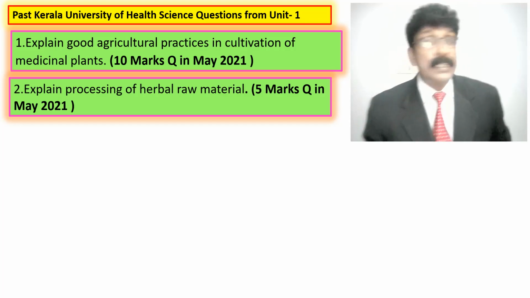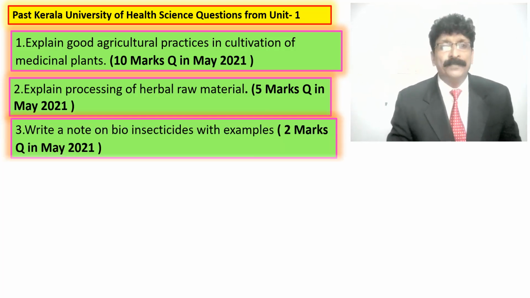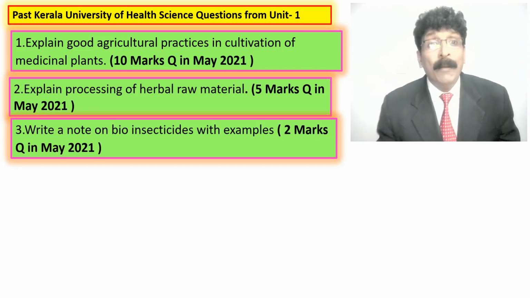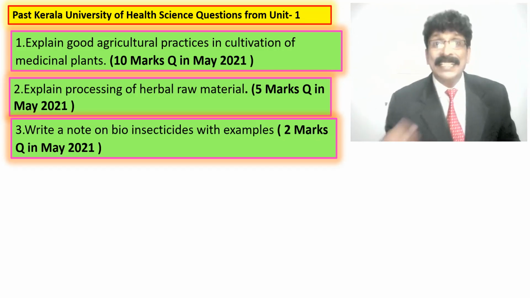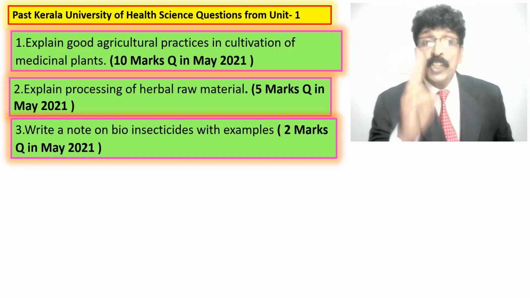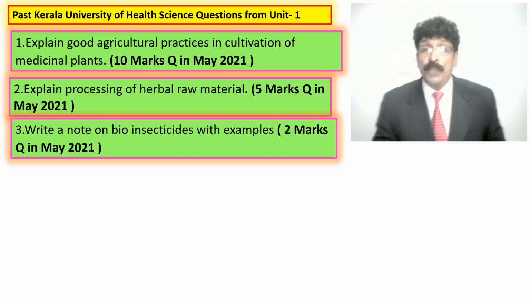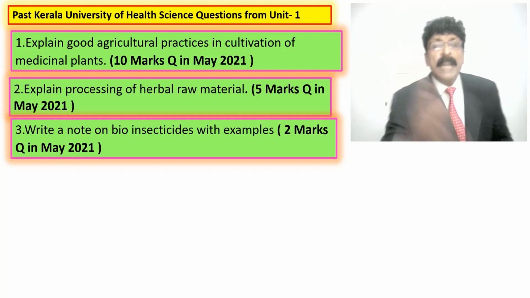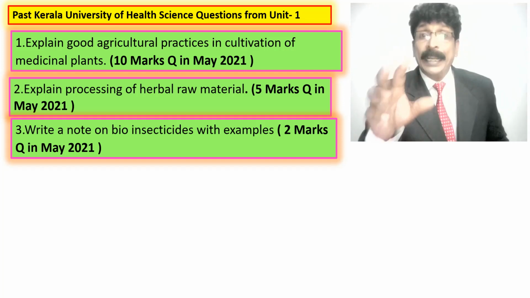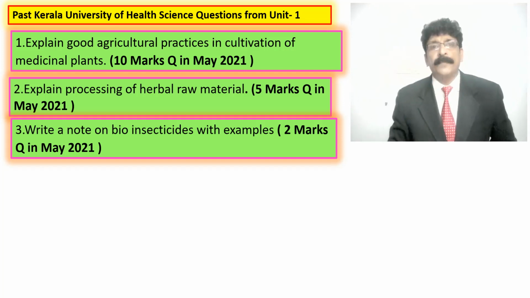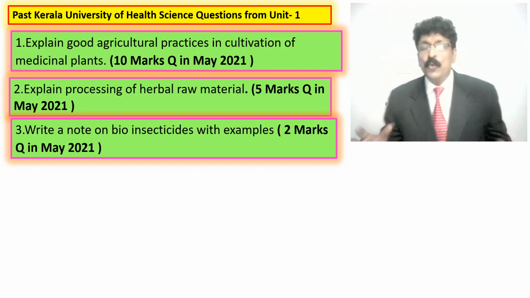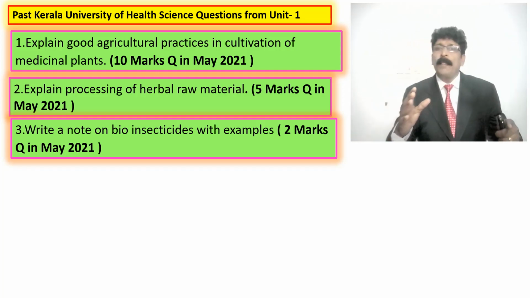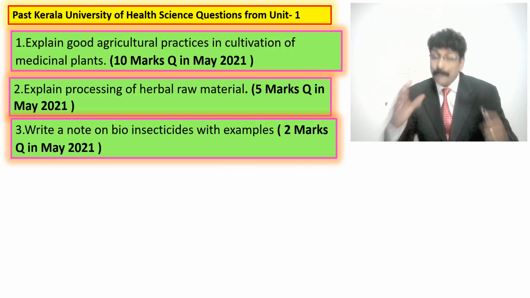A 5 mark question in May 2021: Write a note on bioinsecticides with example. You see, in May 2021 itself, 17 marks of questions were taken from this Unit 1. So we have to study according to the questions asked and the depth we want to go into the syllabus.